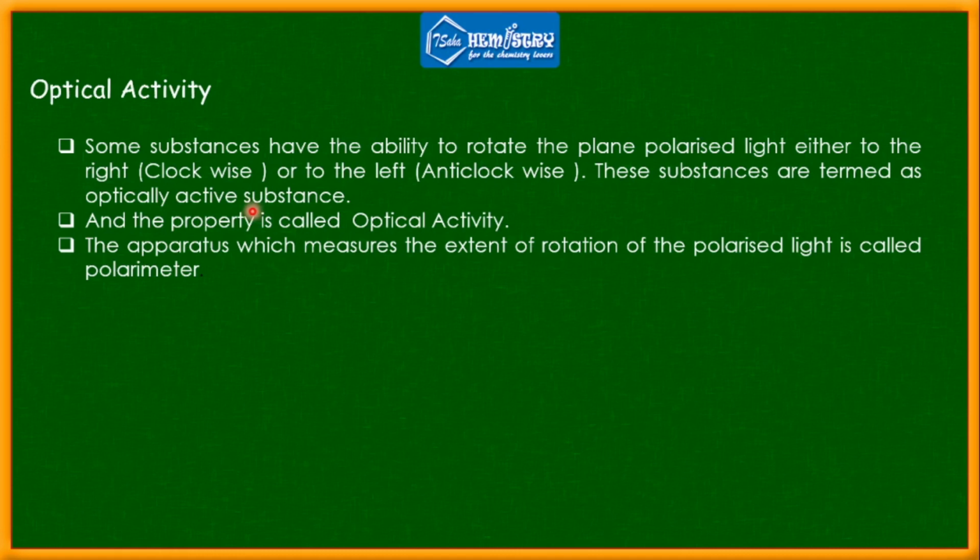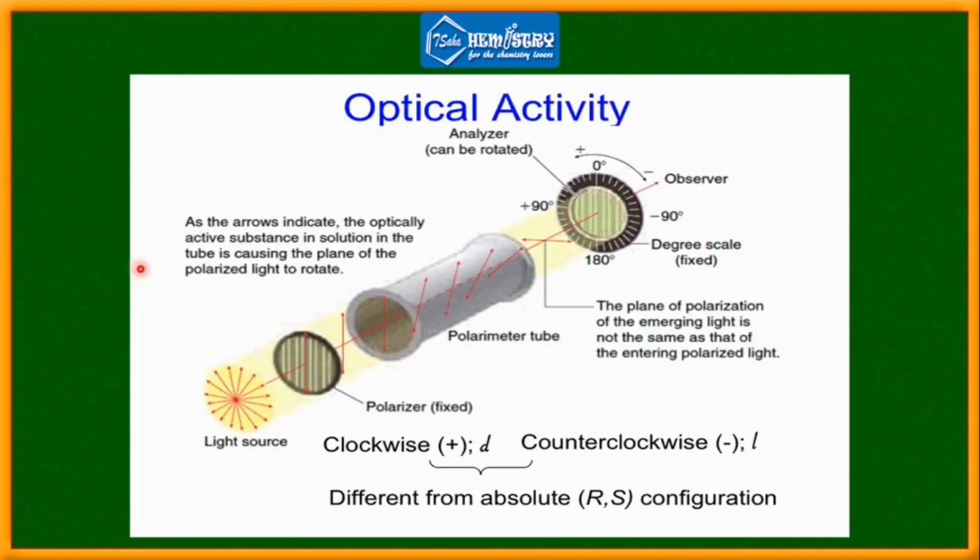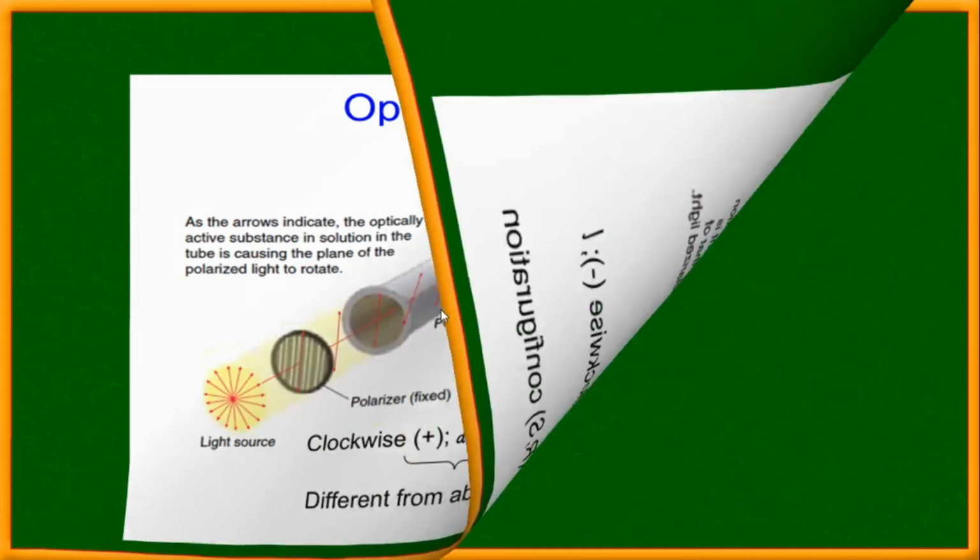Number 2, the compound should not possess any kind of element of symmetry. And number 3, the compound must not be superimposable with its mirror image. Then the compound should be optically active, and the property is called optical activity. The apparatus which measures the extent of rotation of the polarized light is called a polarimeter.